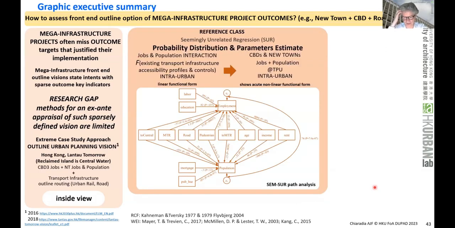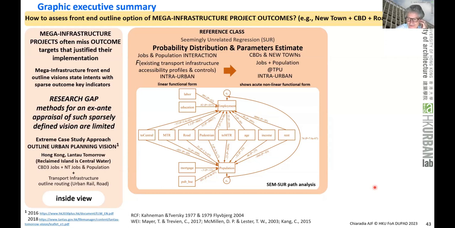We used what is called a seemingly unrelated regression. It's like structural equation modeling, but slightly different, though very similar as well. The relationship between employment and population is interactive, and we can look at which variables are the most important. Those models assume a linear relationship between the variables and employment and population, but we see that it's not really linear.